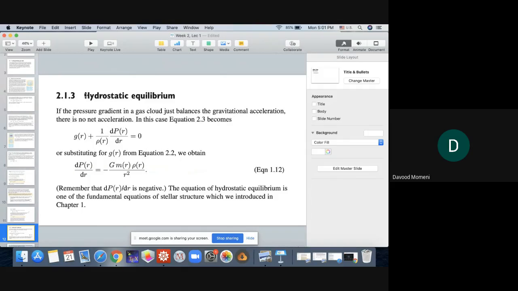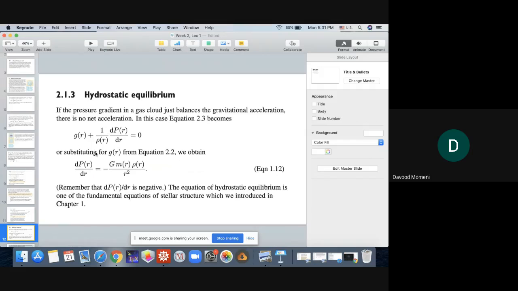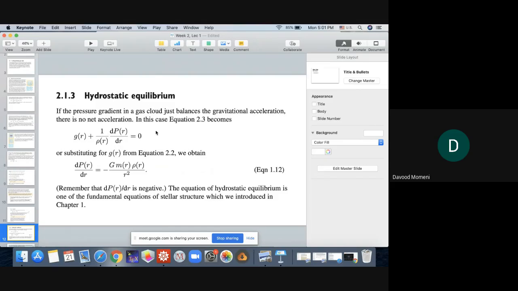The second approximation is that you forget about the two last terms. Hydrostatic equilibrium means that these two terms cancel each other. If you rewrite the equation in a better form and replace g, you remember what g was? g was this expression.